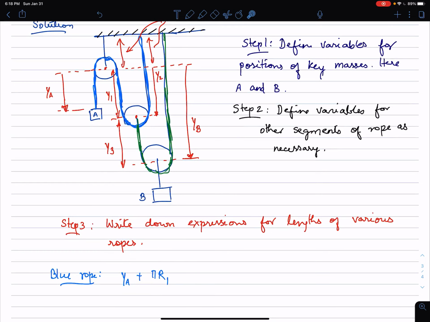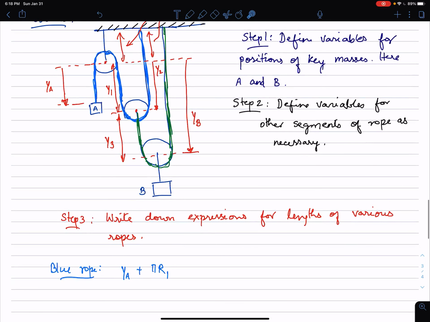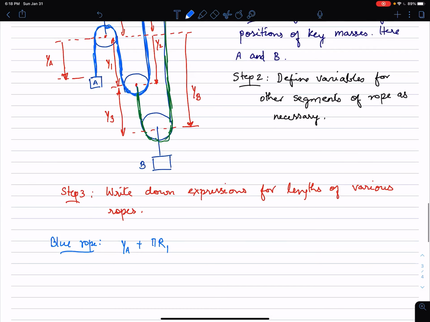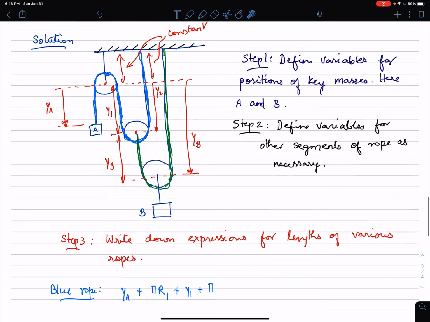Anyway, they are going to go away. They are not going to remain after differentiation because they are going to be constants. Pi R is a constant because the radius is a constant. When you differentiate, it goes away. So in any case, pi R1 plus Y1 plus pi R2 plus Y2 plus constant.